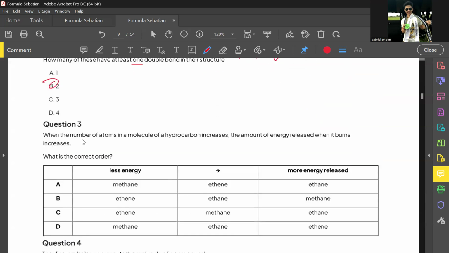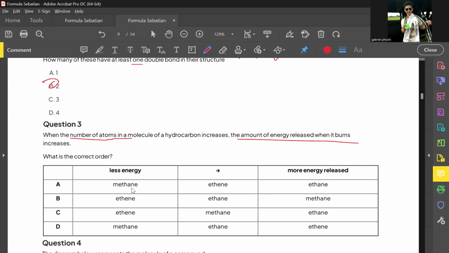And then when the number of atoms in the molecule of a hydrocarbon increases, the amount of energy released when it burns increases. So basically the keyword is more number of atoms in the molecule, then more energy is released when burned, right? So which one has the least energy and which one has the most energy? You'll just have to figure out which one is the longest and which one is the shortest.